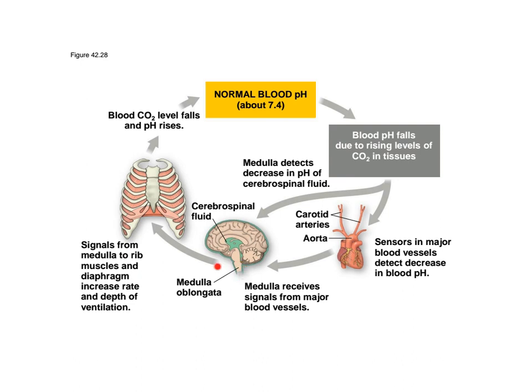So the medulla oblongata essentially pays attention to pH, but pH is really indicative of change in CO2. This would be central chemoreception, essentially chemoreception by the brain.